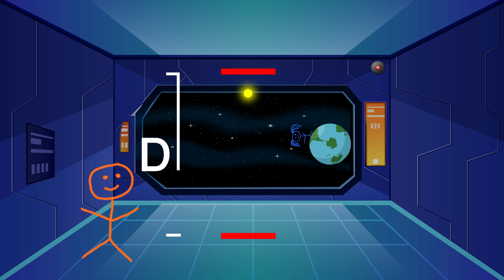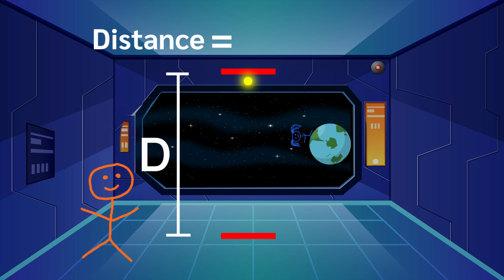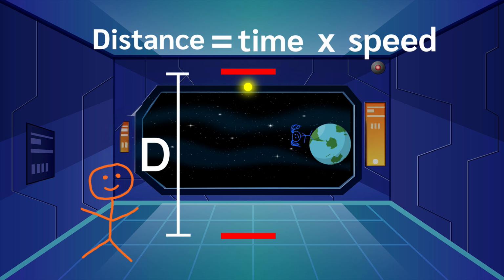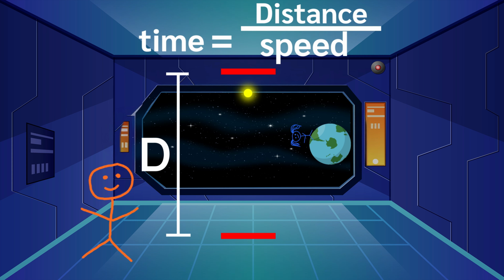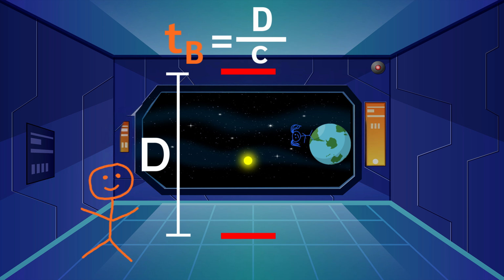Since we know we can calculate distance by multiplying time by speed, we can rearrange things in the formula and get the time formula, which is time equals distance divided by speed. So in Bob's case, the time, let's name his time TB, B for Bob, is equal to D divided by C. But what about time in Emily's point of reference?